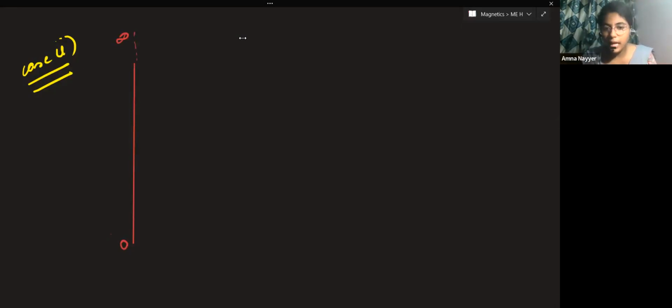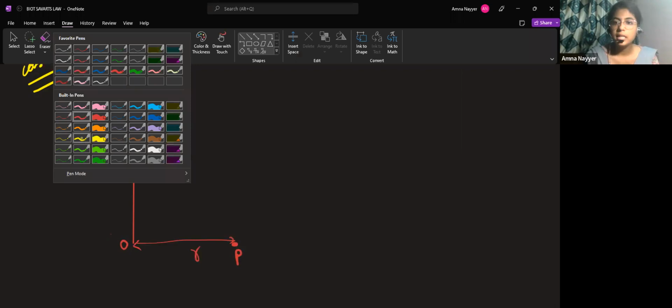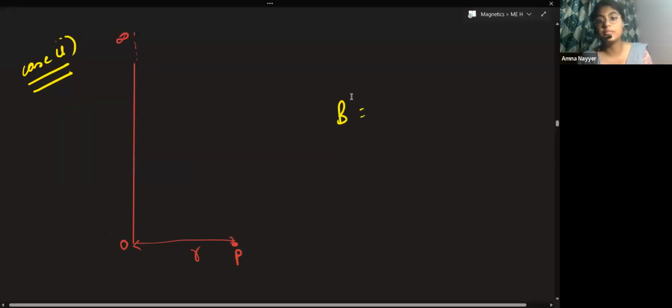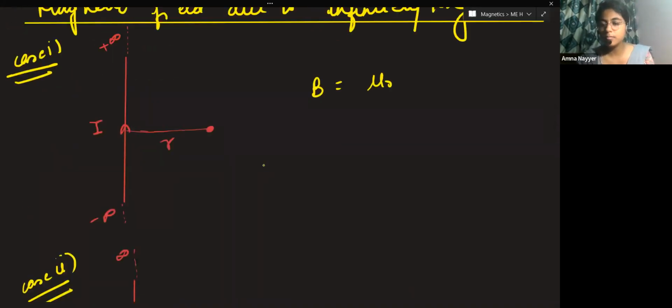If the point lies near the finite end, like this is the position vector, this you call semi-infinite. So these two cases you have to remember. Now the magnetic field for the infinite one. This is mu naught.